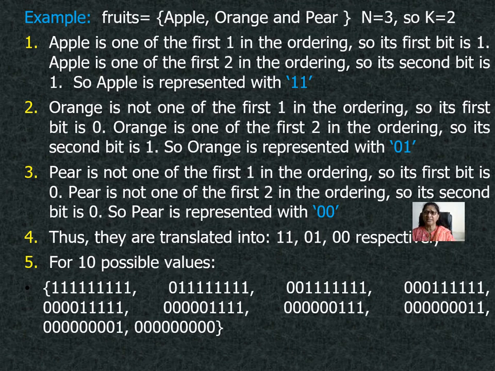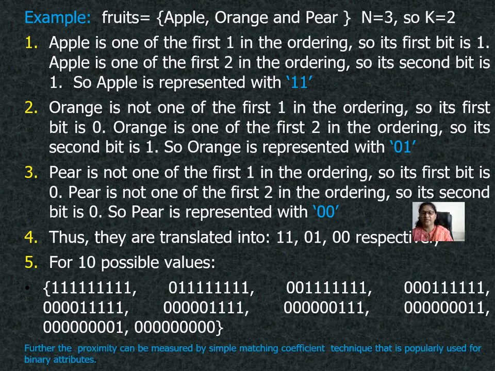If we consider such 10 possible values for a nominal attribute, then the possible binary representation will be like this. The first member, as it will be first in the ordering, will have all its bits set to 1, and the last member is generally represented with this logic as all bits 0. This is logical encoding, logical encoding with binary bits for nominal attributes.